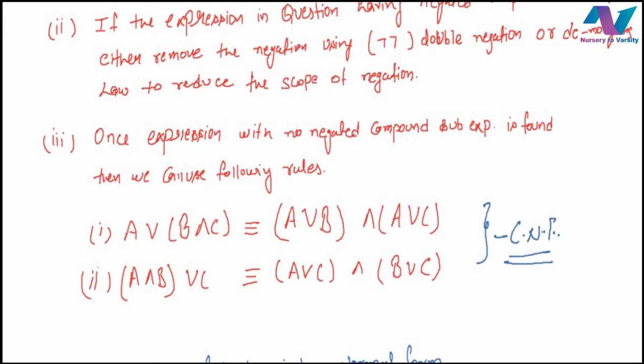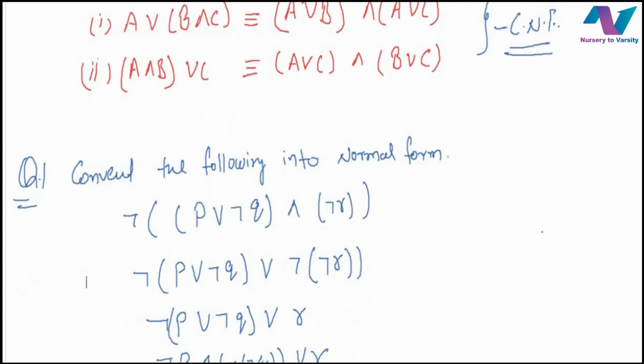Using all these steps, we are going to solve one question to get the CNF. So here is the expression from which we find the CNF. This is our question. We have this expression and we have to convert it into CNF form. So how are we going to solve it?